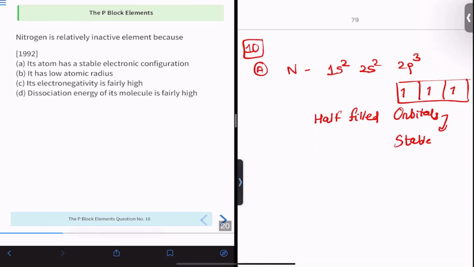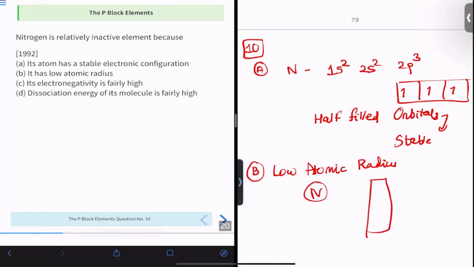Okay. So option B says it has a low atomic radius. Is it because of its low atomic radius that it is relatively inactive? Yes, nitrogen has a low atomic radius, since it is present at the top of group 15 of the periodic table.